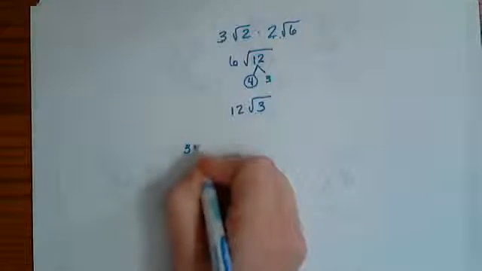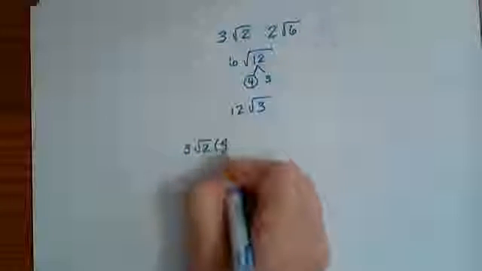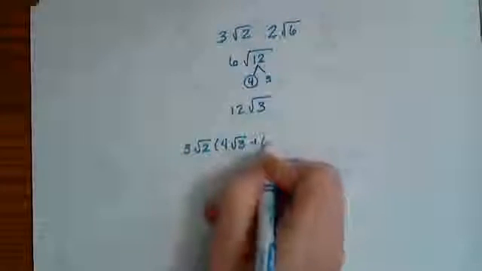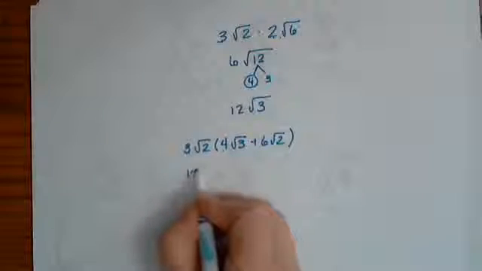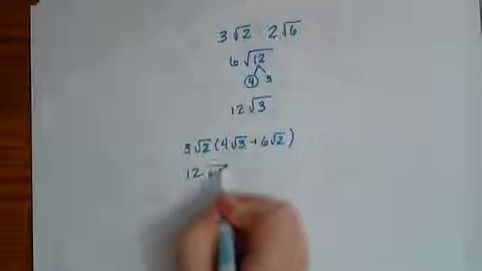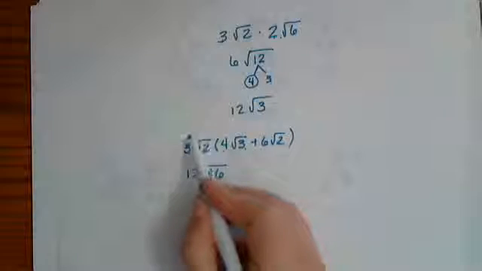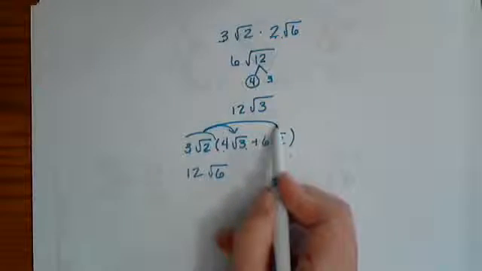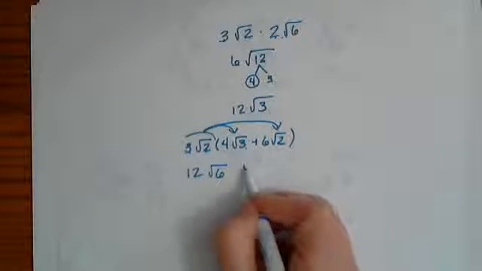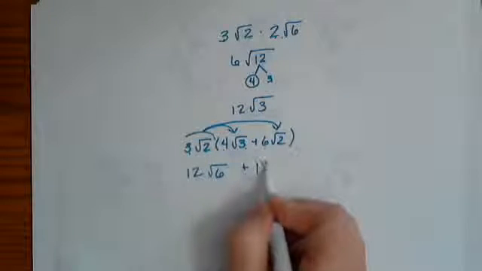3C is 3 times the square root of 2 times 4 root 3 plus 6 root 2. That will be 12 square root of 6. Remember, it's just the distributive property. I'm going to multiply this times the first thing, and that again times the second thing. 3 times 6 is 18.